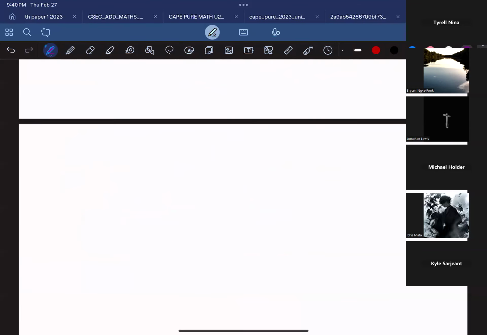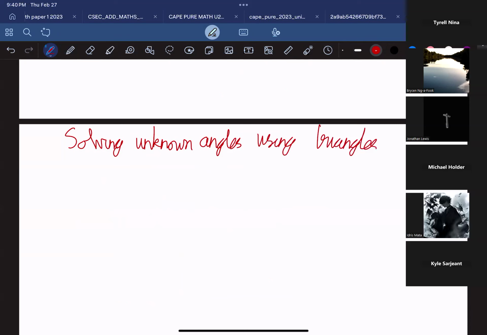Now, solving unknown angles using triangles. It was actually a pretty hefty question last year, so I feel like this is the direction they're going.